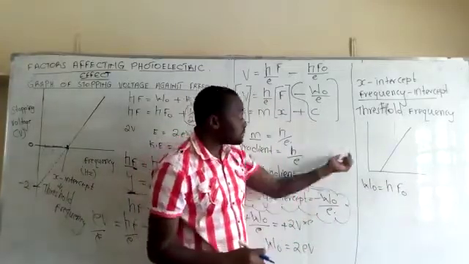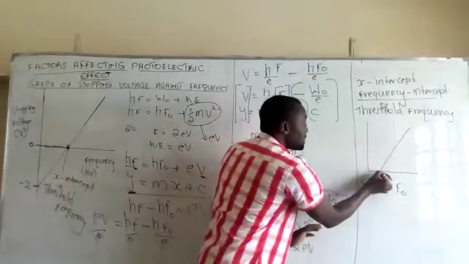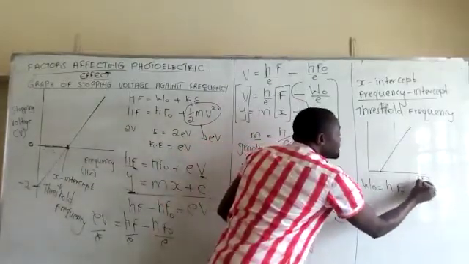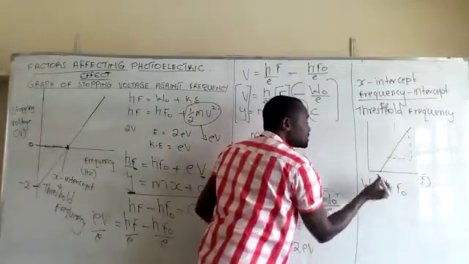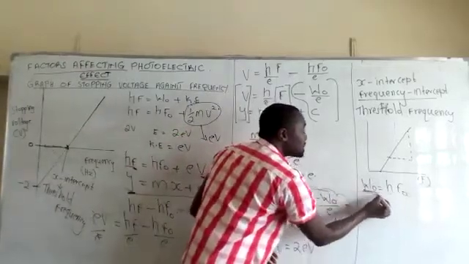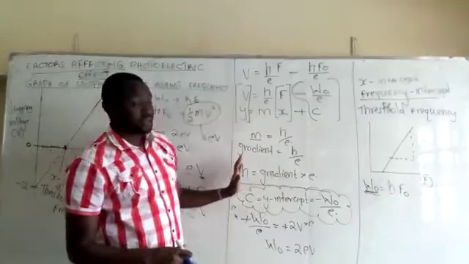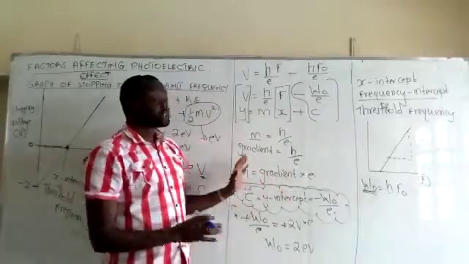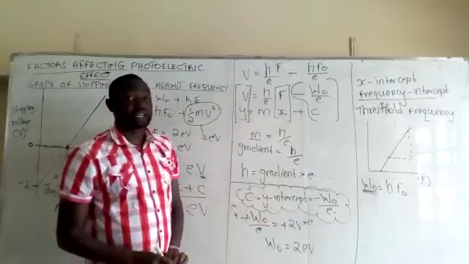In this case, we will read the threshold frequency from the intercept of the frequency axis. Then we will use the gradient to get the Planck's constant, and we'll go ahead to work out the work function.